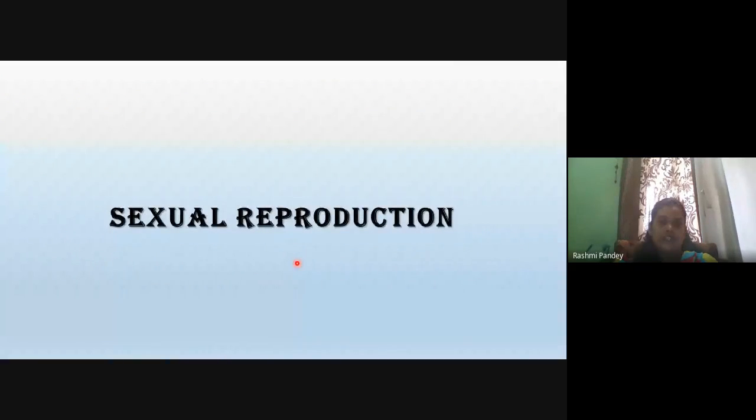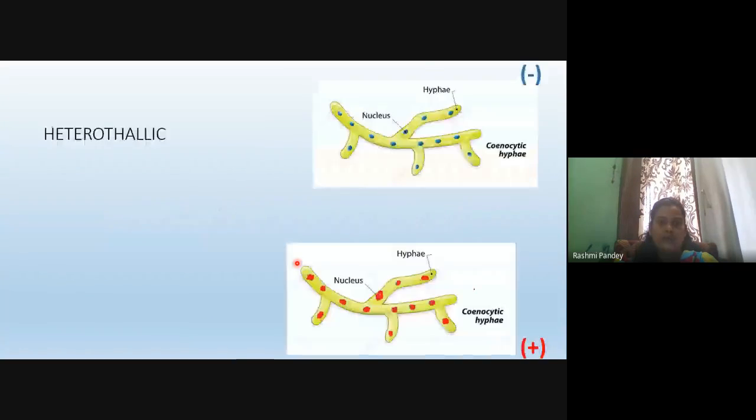Then we come to sexual reproduction, how sexual reproduction occurs in Phycomycetes. Now, what could be the basic difference between sexual and asexual reproduction? Presence of meiosis and syngamy, which were absent in asexual reproduction.